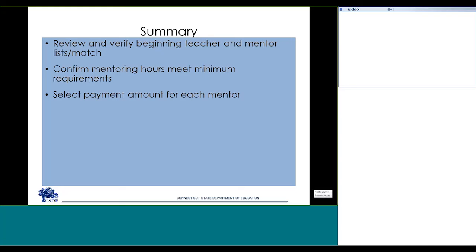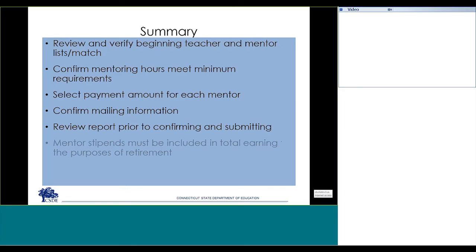Be sure that you're selecting the payment amount for each mentor based on that monitoring. Confirm your mailing information. Review that report carefully before submitting it and confirming, because we are not going to be able to change it once you do.